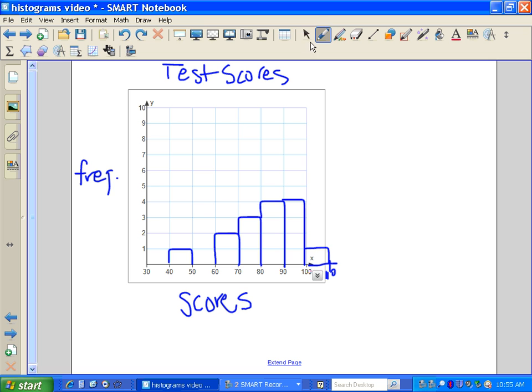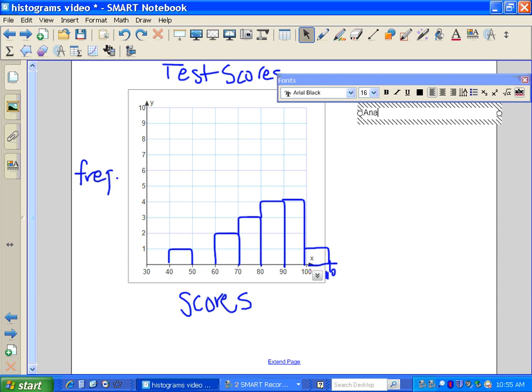Now, a couple of things we want to look at once we complete our data. We want to do some analyzing of the data. And by analyzing the data, we want to describe what the histogram looks like.